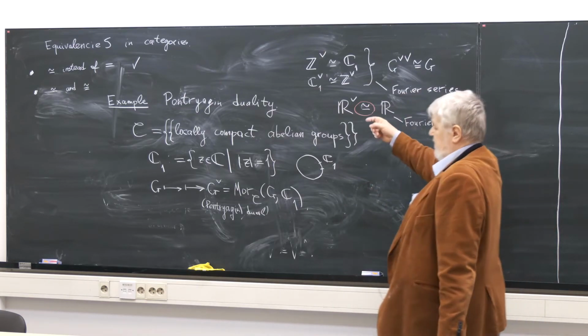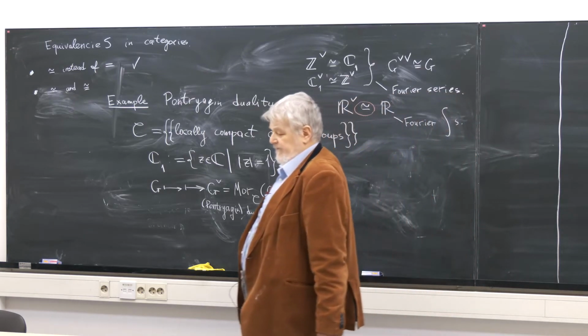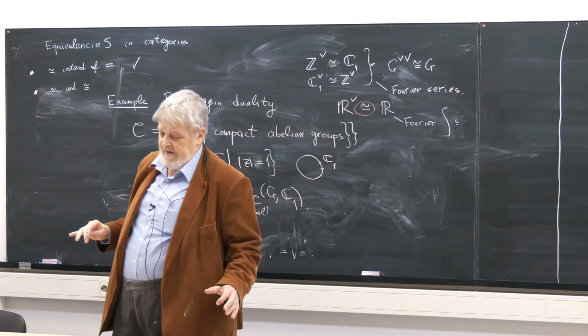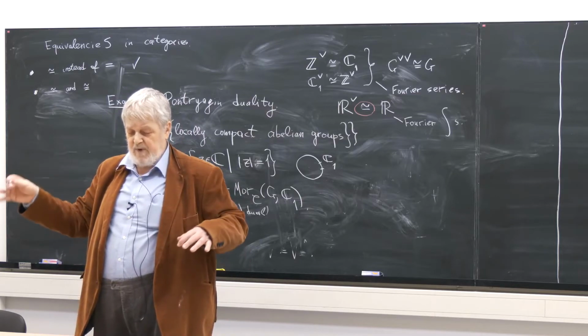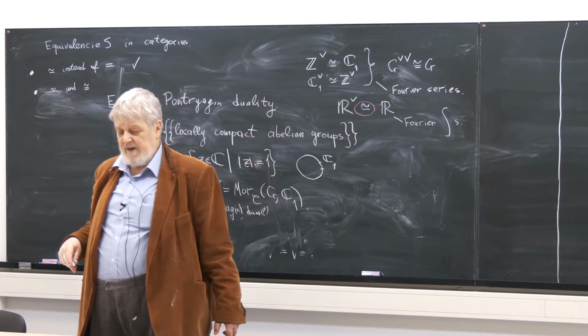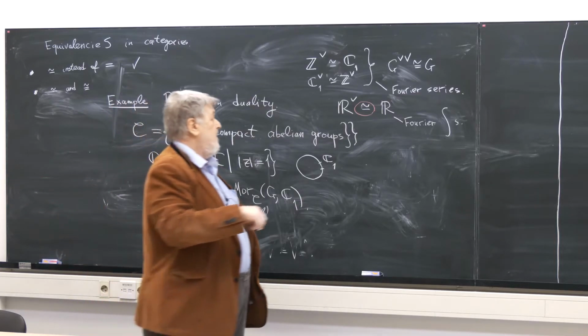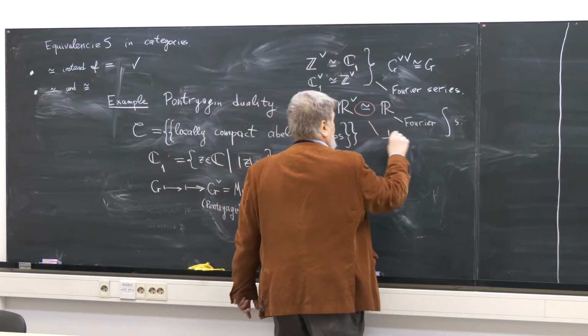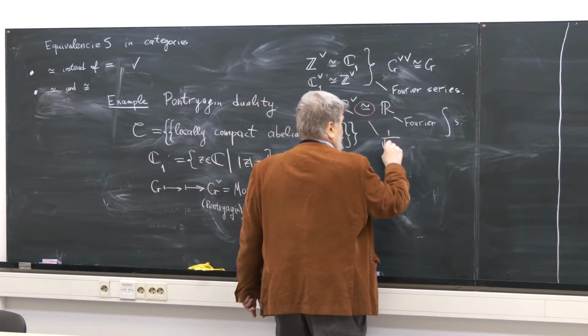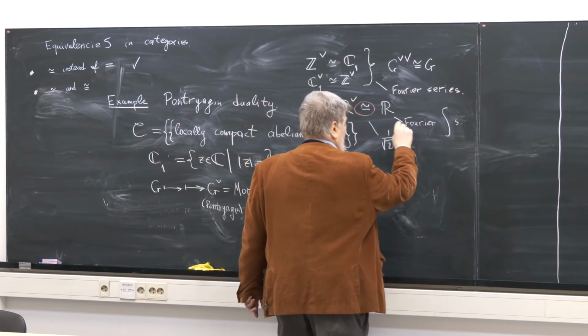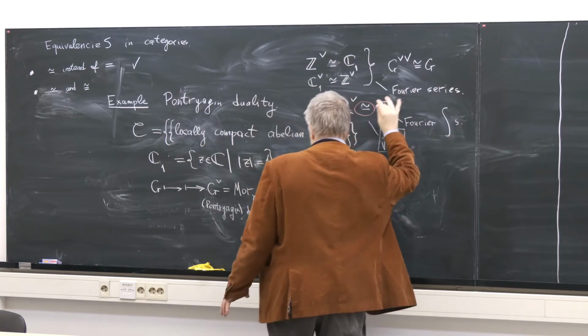As you know, in the Fourier transformations, various authors put some coefficients like, say, 1 over square root of 2 pi, or do not put them. Then the inversion formula.